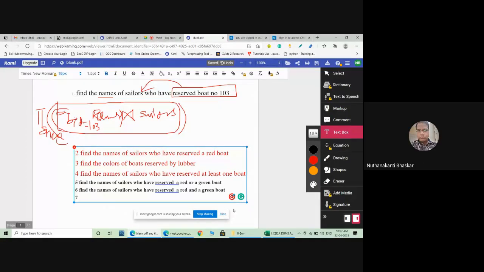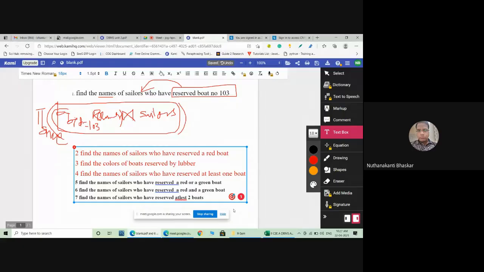Seventh query, find the names of sailors who have reserved at least two boats. Means every sailor can reserve some boats. I don't want unreserved sailors. I don't want one-boat reserved sailors.